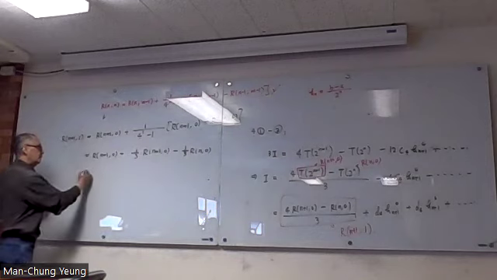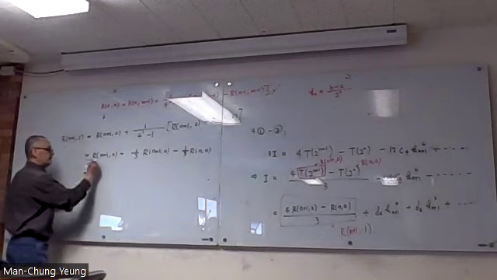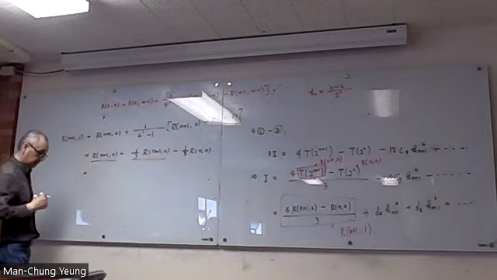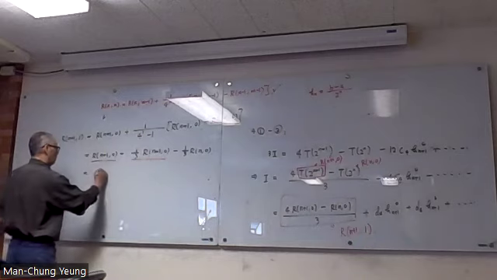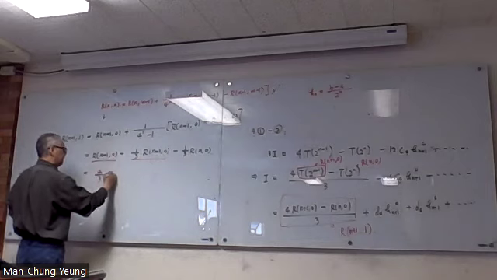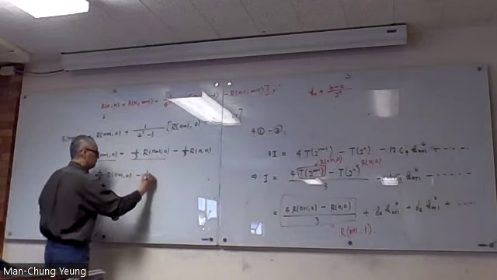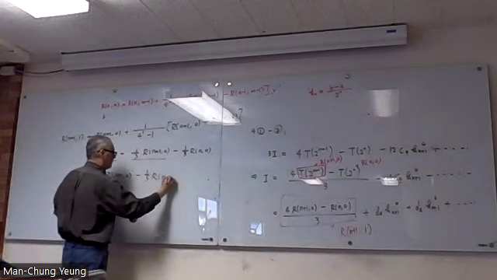Now this term and this term combined is 4 over 3 R_{n+1,0} minus 1/3 R_{n,0}.